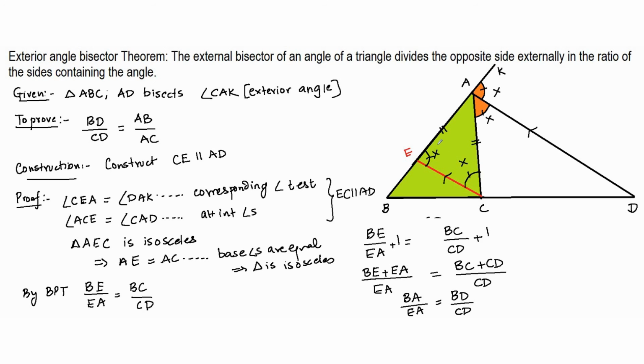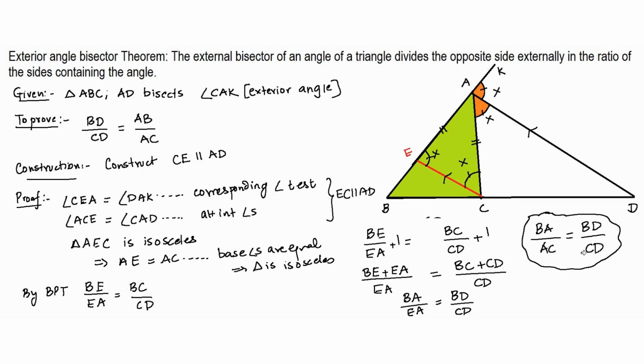Now the length of EA is equal to the length of AC, right? We have already shown that, and hence I can write BA divided by AC is equal to BD divided by CD. And this is what I had to prove. If you compare this with what we had to prove, this is basically what I had to prove, and hence I have proven this particular theorem.